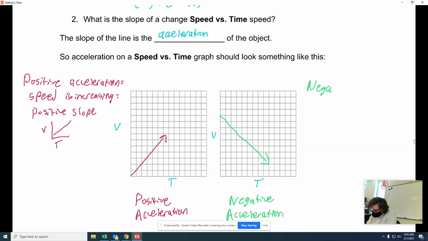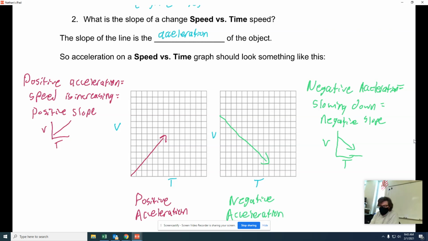So if I have negative acceleration, that means that my object is slowing down, which means that I have a negative slope. As a reminder, a negative slope just means that my line is going down instead of up.